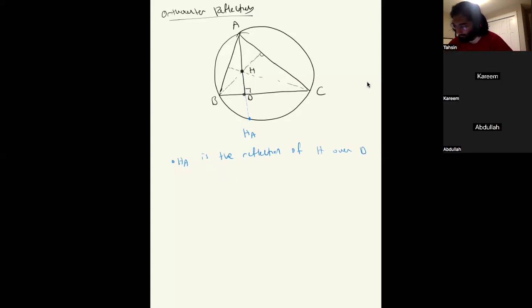And then the other reflection is this one. You can take, let's say, the midpoint M, and the other reflection you can take is here.